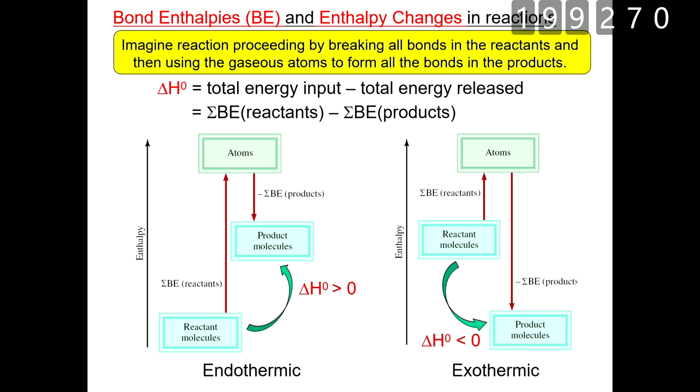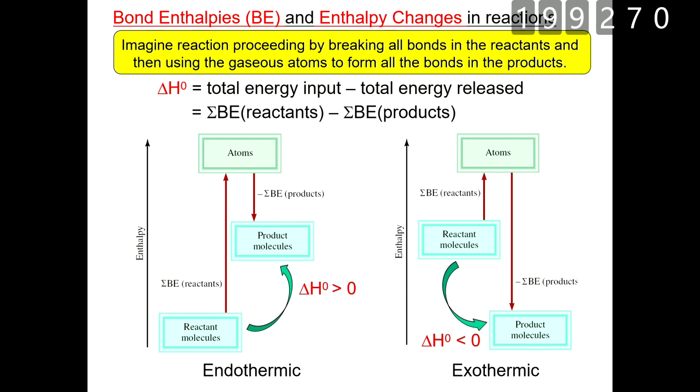Okay. So after we know the bond enthalpies, we can use them to calculate the enthalpy changes in reactions. For example, for a reaction we have some reactant molecules, and after the reaction they form product molecules.